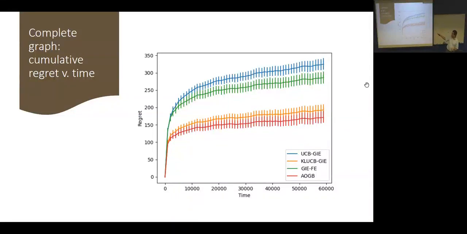That gives you a small improvement. The main improvement comes from changing UCB to KL-UCB. That's where the main gap is between these simulation results. So, at least for these parameters, you get a factor of 2 improvement by using KL-UCB instead of UCB. And whatever the constants may be, the bounds we can prove may be bad, but the constants don't look too bad in practice, at least on this problem.